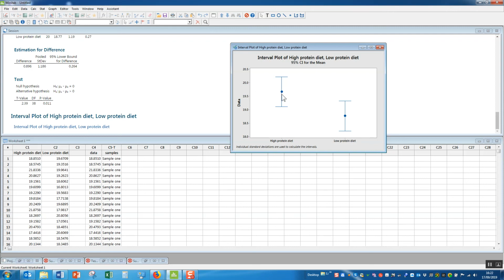It could be because those means weren't significantly different from each other, or because the high protein food was giving me less weight gain than the low protein food. I'm being very crude with my example here, but because I'm only interested in the significant increase in the weight gain of sample 1 over sample 2, that's why I've put the tail on that particular side.